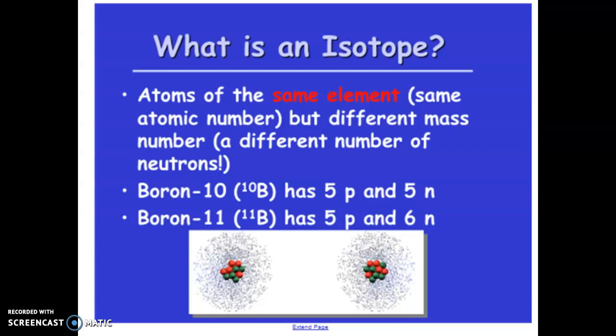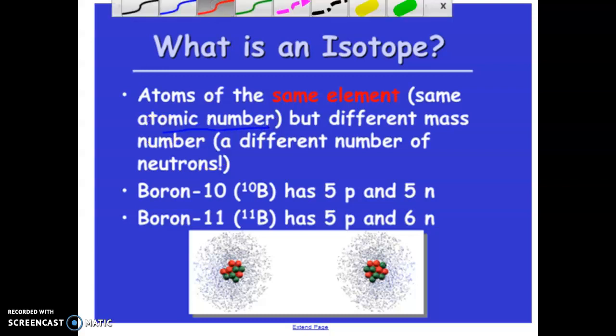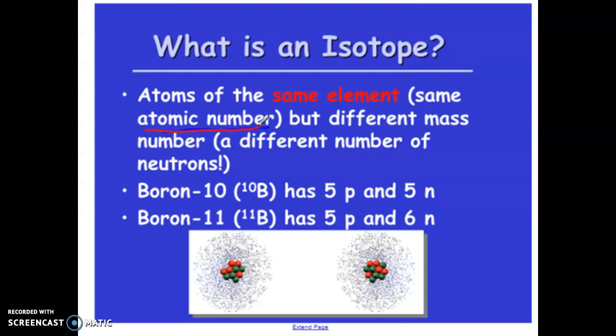An isotope means that you have an atom of the same element, so the same atomic number, but the mass number is slightly different. That means the number of protons and electrons is the same because it has the same atomic number. The number of protons is constant, but the number of neutrons is changing because the mass number is different.